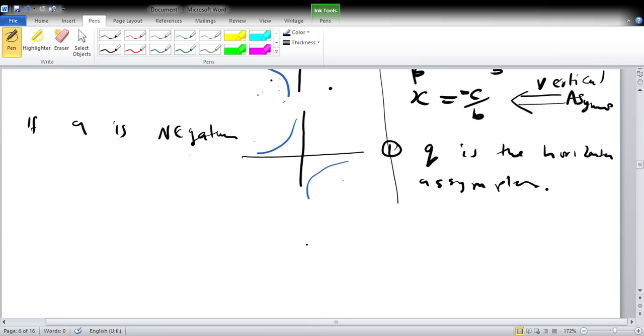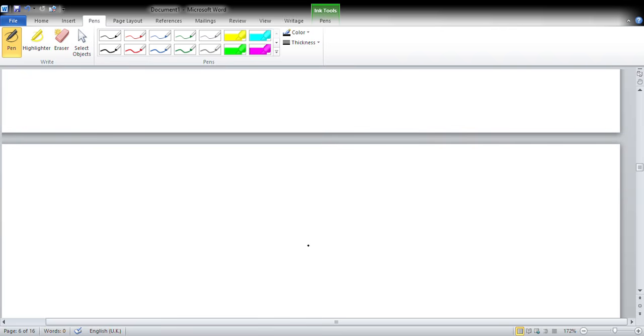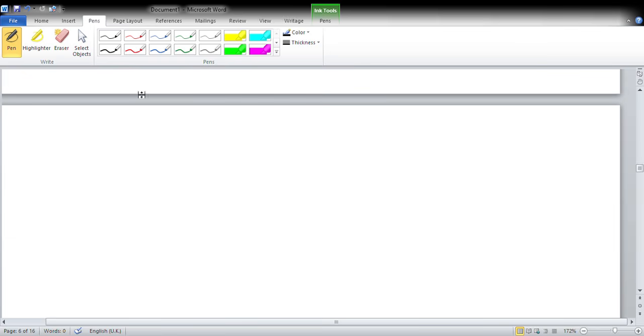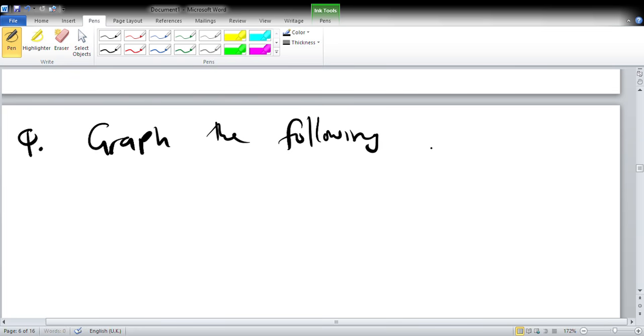Let's look at a question. The question is: graph the following functions. This is the non-linear function worksheet 22.